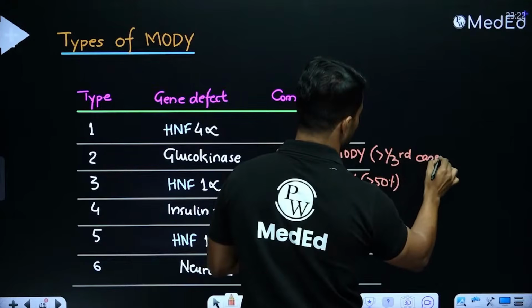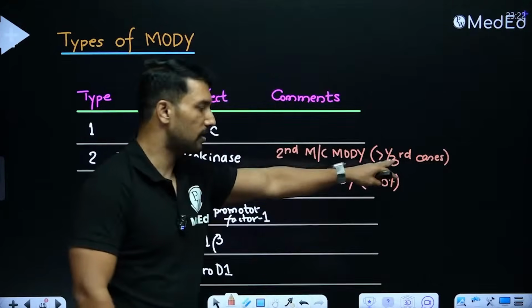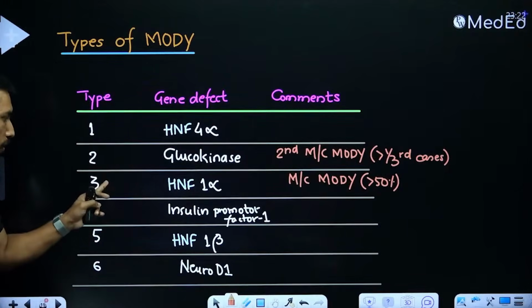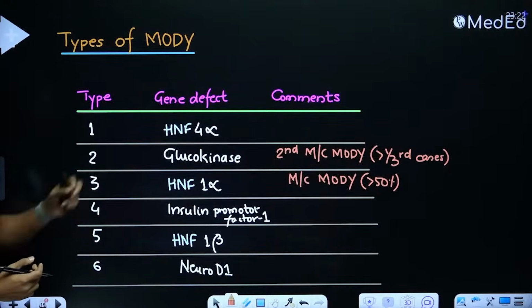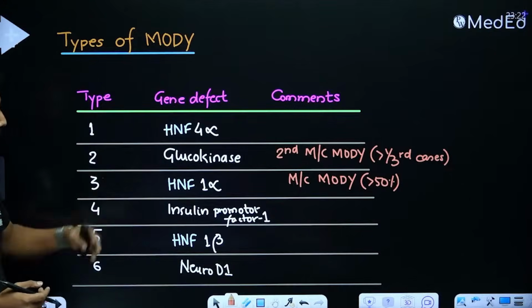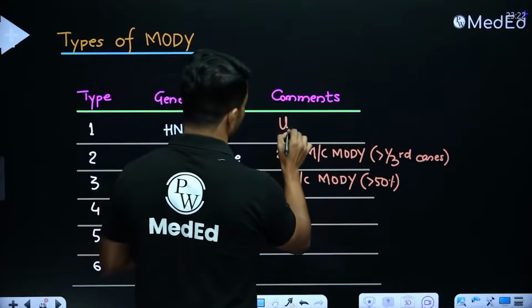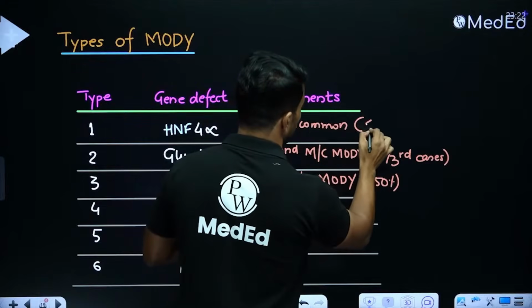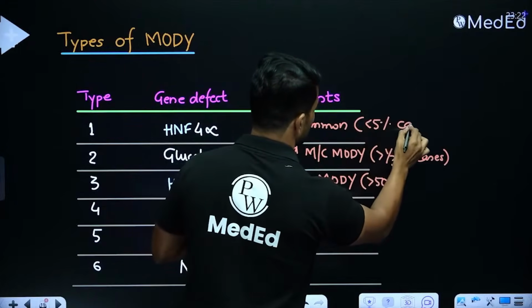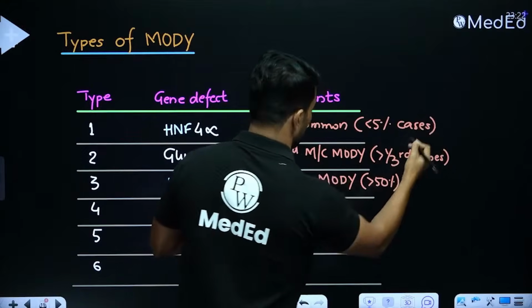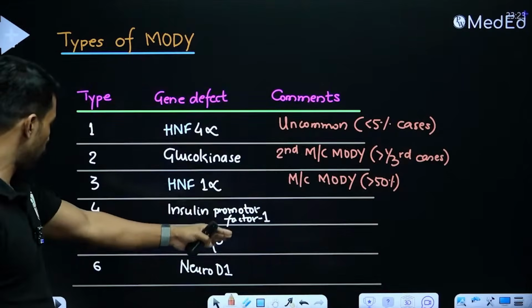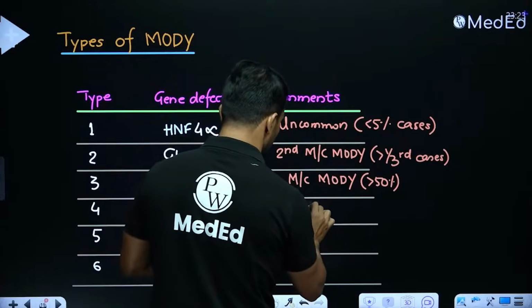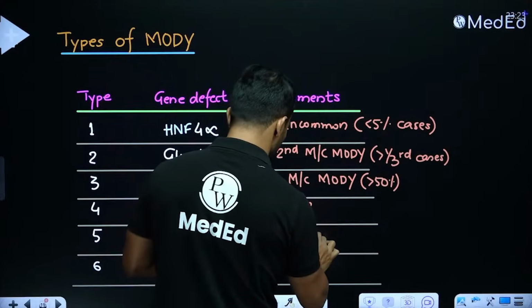When I say more than 1/3, almost 33. So 50, 33, almost 80 to 90% of MODY cases belong to MODY 2 and MODY 3. The other MODYs are relatively less common, right? MODY 1 is uncommon, seen in less than 5% of cases. And the other forms, 4, 5, 6, are all relatively rare.